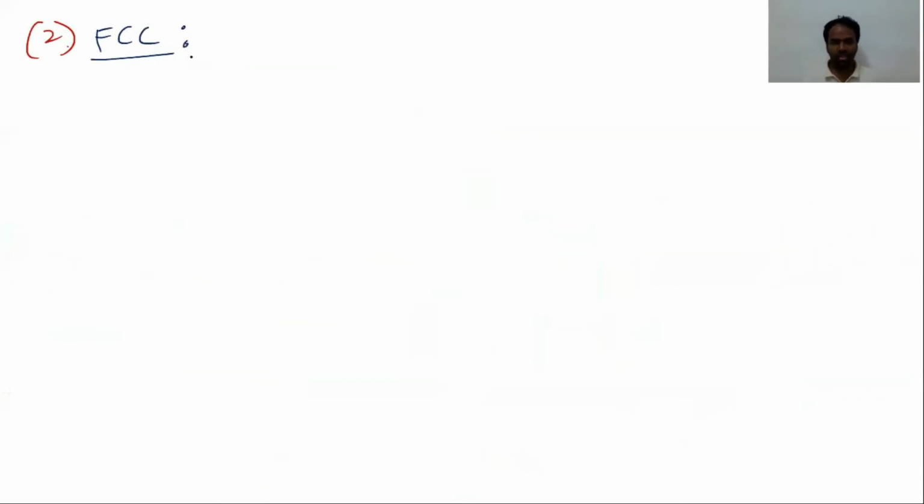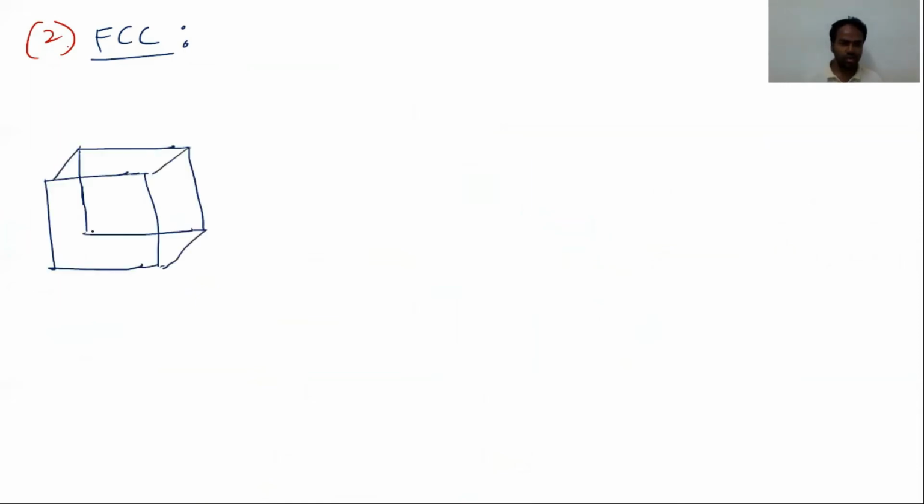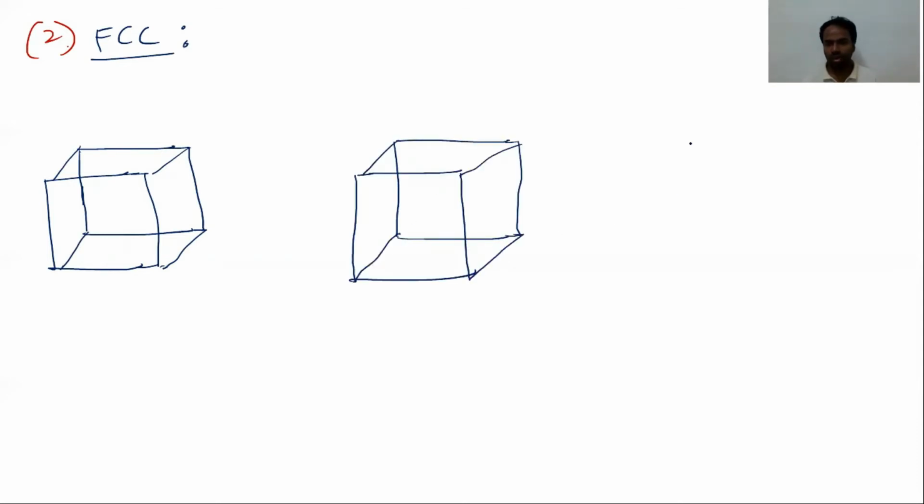For FCC, the atoms are present at the corners and at the center of each face. So let us draw the FCC unit cell. This is the FCC unit cell. Take 3 diagrams here, one more diagram, 3 diagrams.